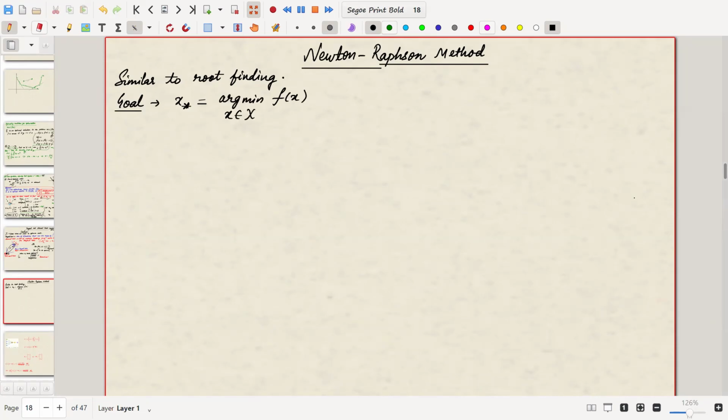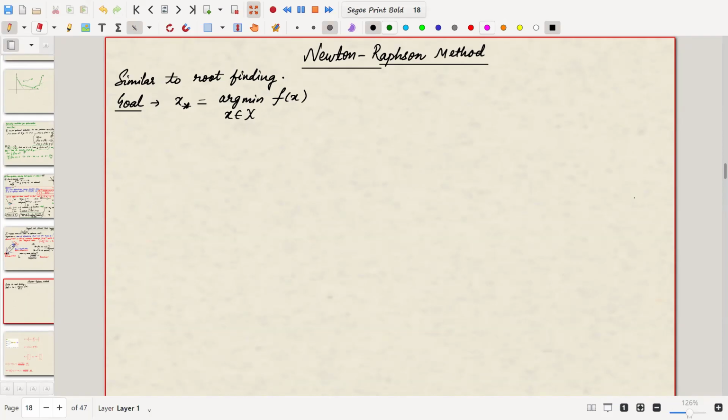Can you think how root finding, how Newton-Raphson, can help us solve this optimization problem? Any ideas? How can root finding help us in finding this?